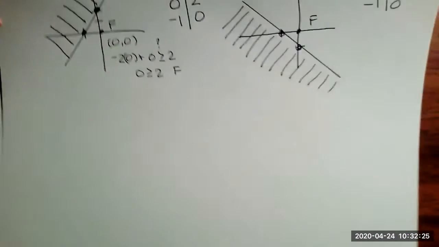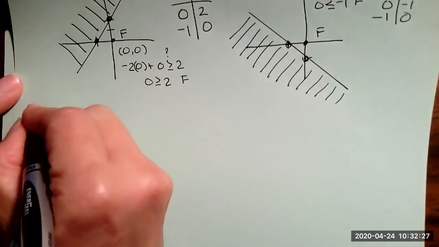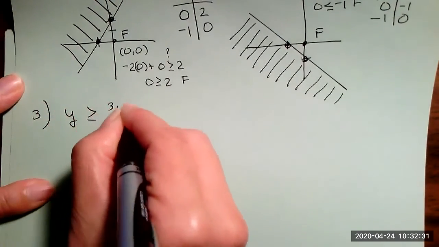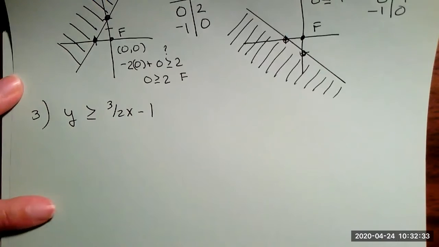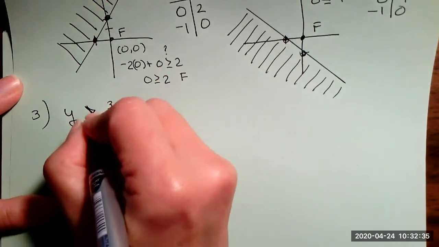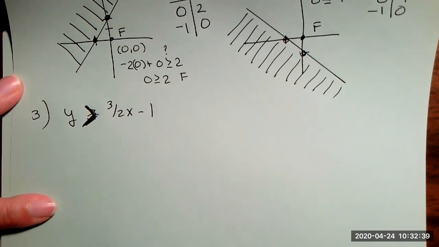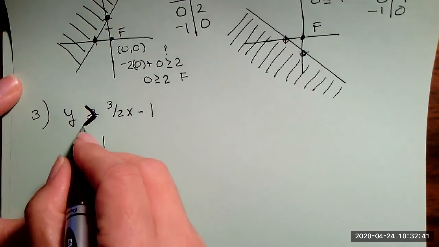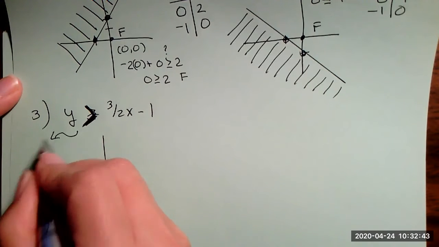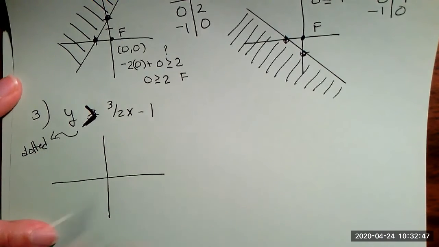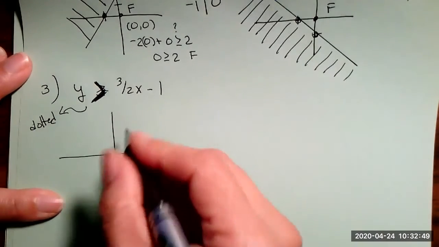Okay, let's try another one. Got y greater than or equal to 3/2 x minus 1. Oh, not greater than or equal to, just greater than. That should be a big clue as to what's going to happen. Okay, if it's just greater than, remember we talked about that having to be dotted. The rest of it stays the same.